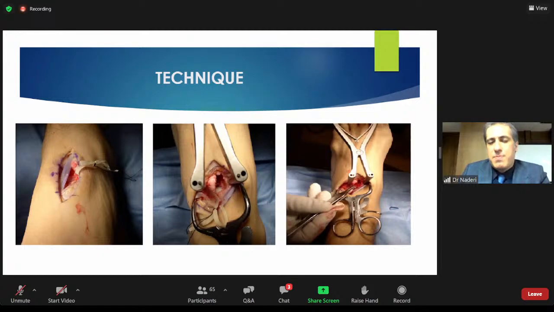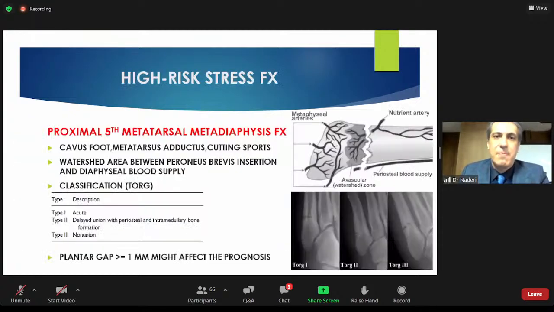The two parts of the fracture are separated using a Hintermann distractor to remove sclerotic tissue and to do the reduction more easily. Bone graft is usually used to promote healing and fixation using two cannulated screws.